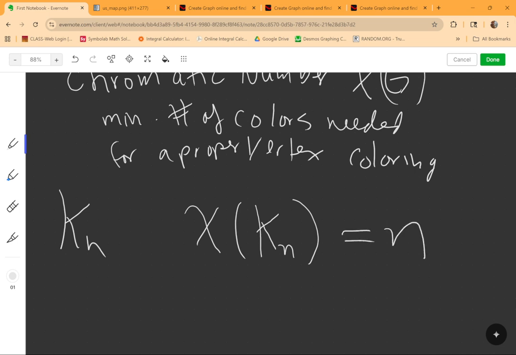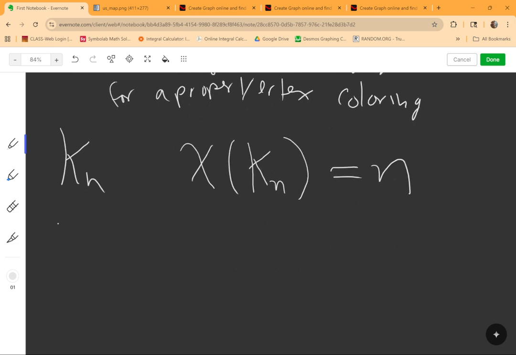Now, for bipartite graphs, K_{k,m}, regardless of what k and m are, it will always be 2.